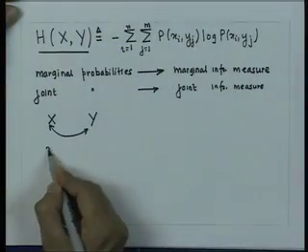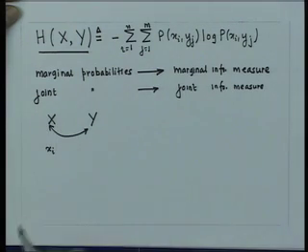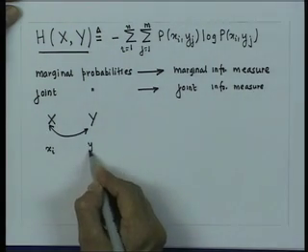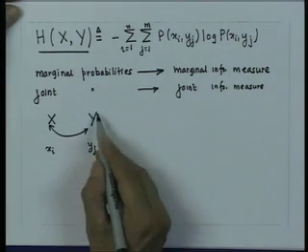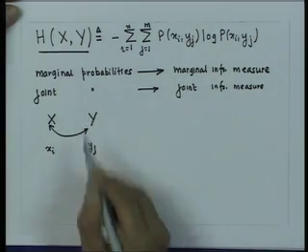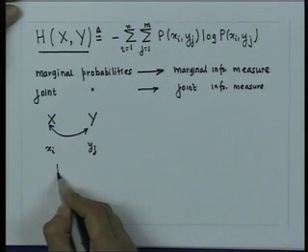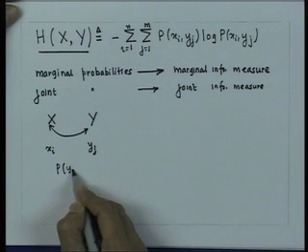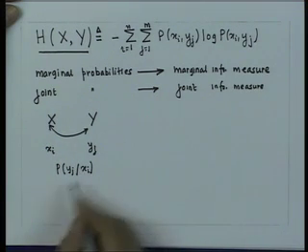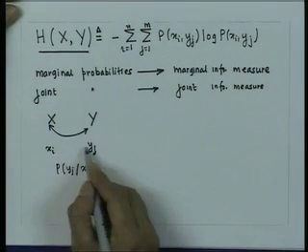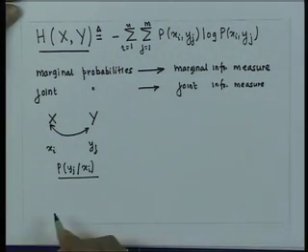Let us assume that the elements of experiment x are xi and the elements of experiment y are yj, then we have probability of yj given xi. If there is a relationship existing between yj and xi, then I can define probability of yj given xi.